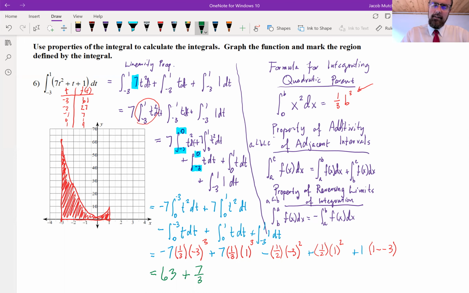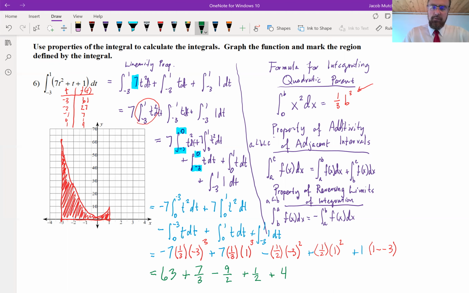That's going to be 9 times a half is 9 halves, and that's minus. So this is going to be -9/2. And then for my fourth term, 1 squared is 1 times half is half, so +1/2. And then for my constant term, 1 times 1 minus -3, that's 1 plus 3 or 4. 1 times 4 is 4.